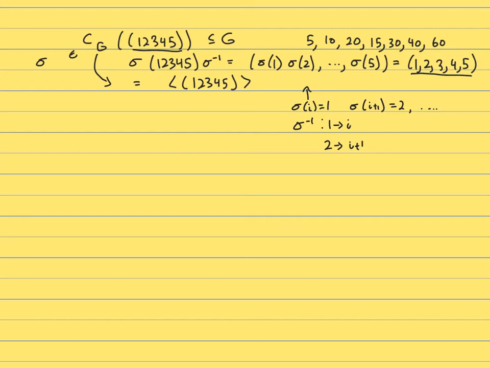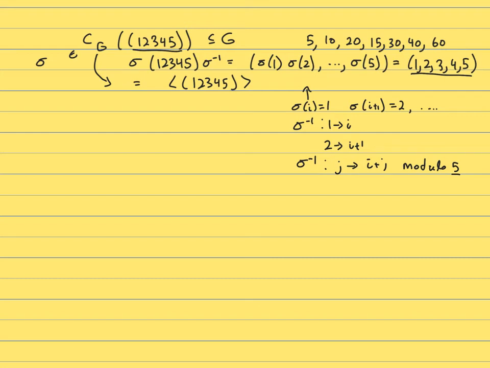And now you see that this operation is really just a shifting operation, that sigma inverse sends j to i plus j, modulo 5.